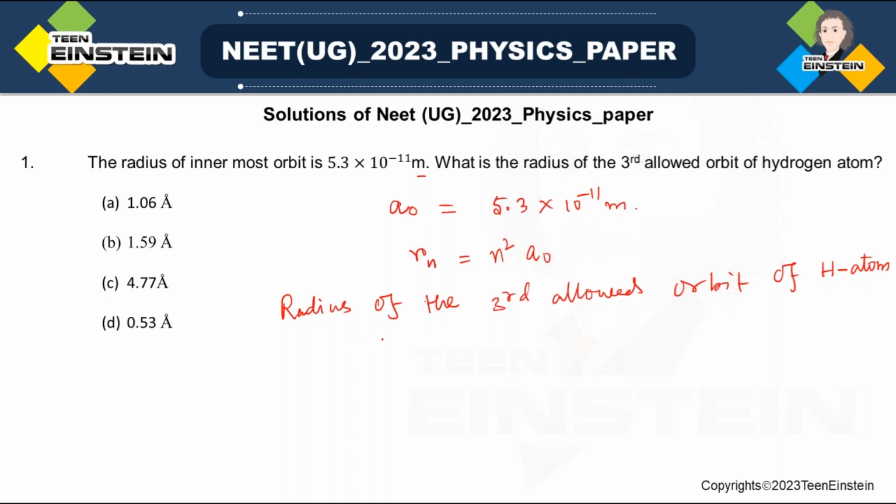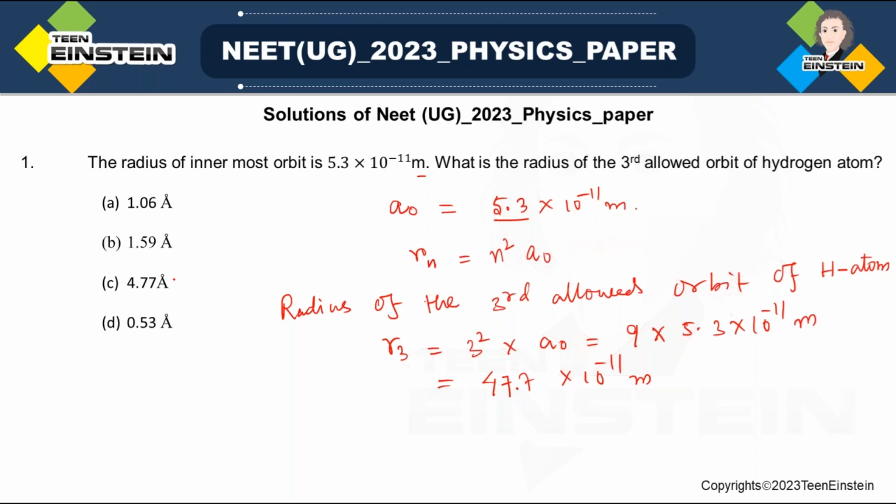That can be obtained as R3 is equal to 3 squared into a0, that means 9 into a0. The value of a0 is 5.3 × 10^-11 meter. Now if you multiply this, you get 47.7 × 10^-11 meter.